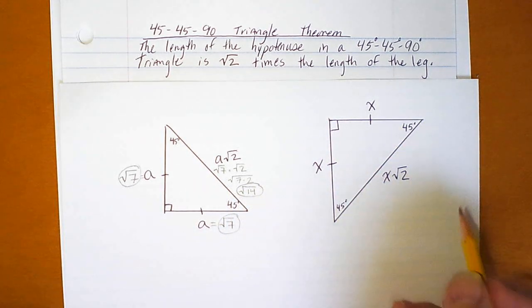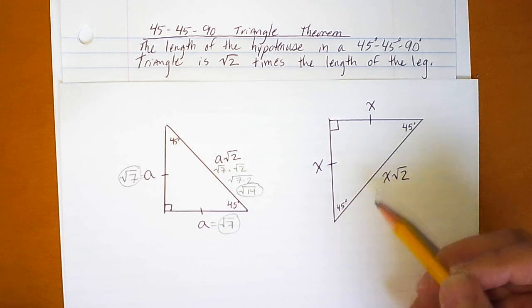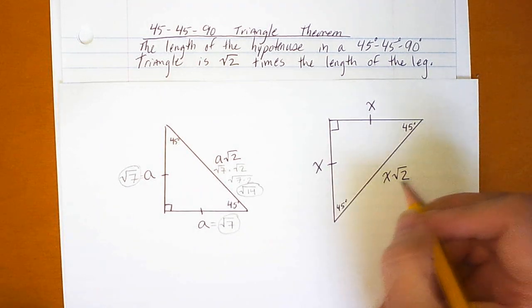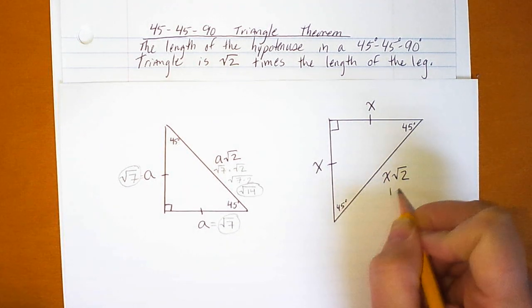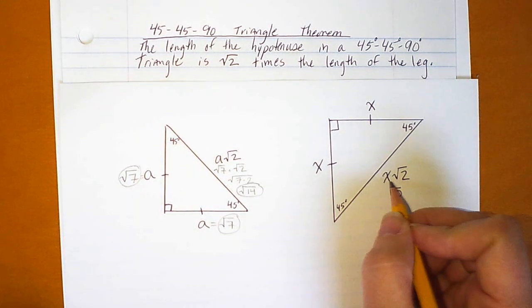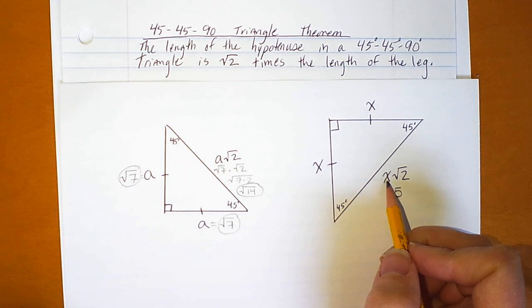Let's take a look at this other problem here, and this time I'm going to use a whole number, but I'm going to use it for the side that was supposed to have a root 2 in it. So I'm going to call this side 15. Okay, we're going to pretend that's 15 units, whatever kind of units those might be. So that means that I don't know what x is.